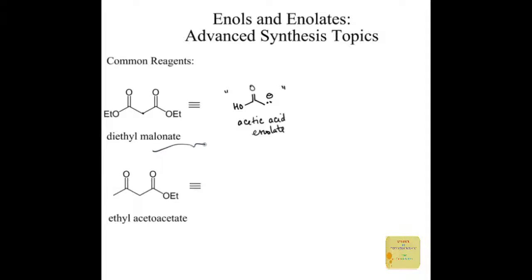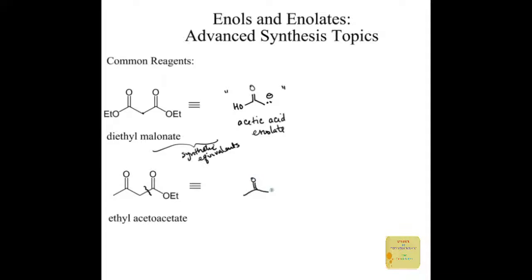We describe these two as being synthetic equivalents. Anytime you want to use the acetic acid enolate, we'll use diethyl malonate instead. Okay, ethyl acetoacetate does the same thing. Remember, this group can be clipped off as lost as carbon dioxide.